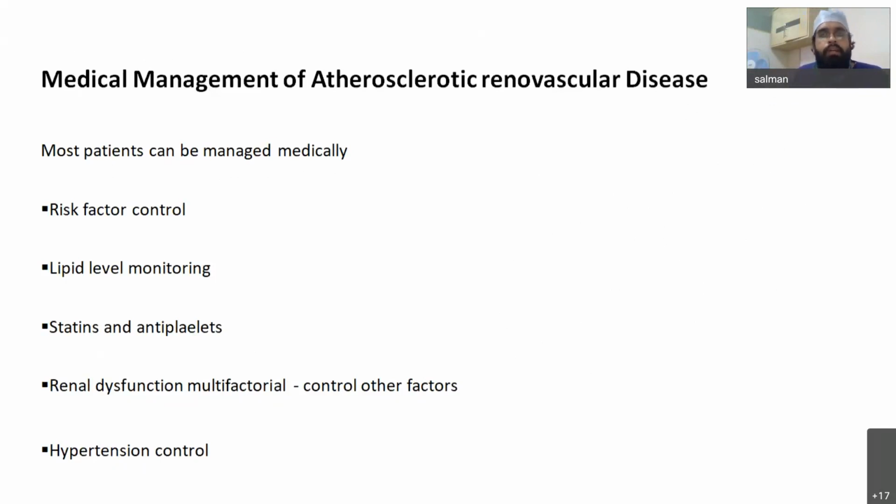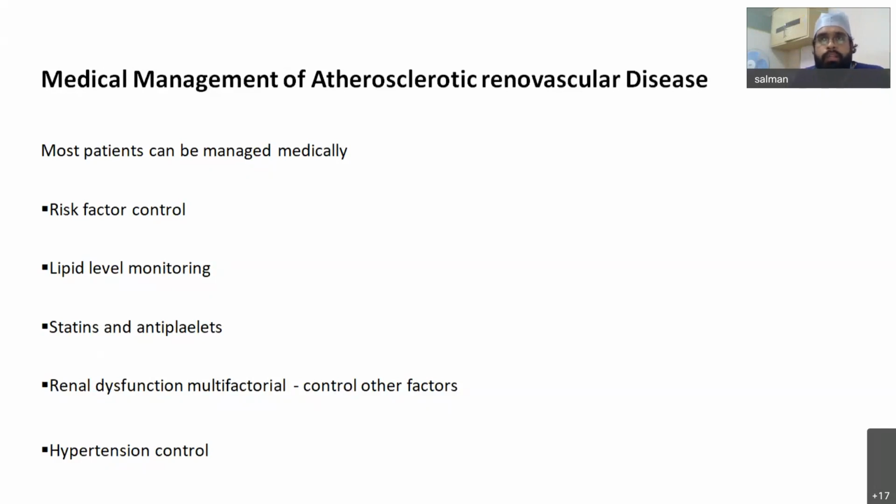There were multiple trials, including the STAR trial and the ASTRAL trial, which were conducted in Europe, and the more recent CORAL trial conducted in North America, which studied the effects of medical management alone versus those treated with stenting.